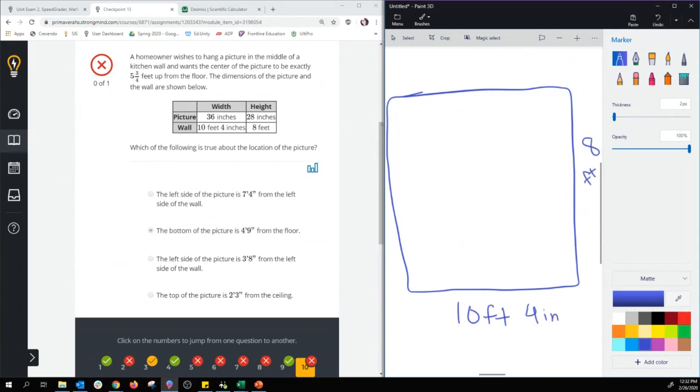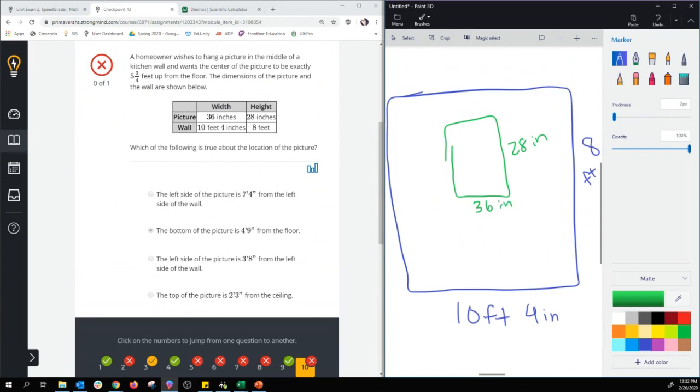My picture is going to go somewhere in the middle, and my picture has a height of 28 inches and a width of 36 inches.